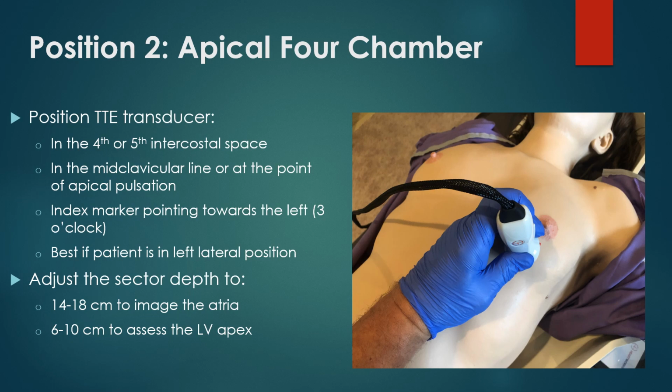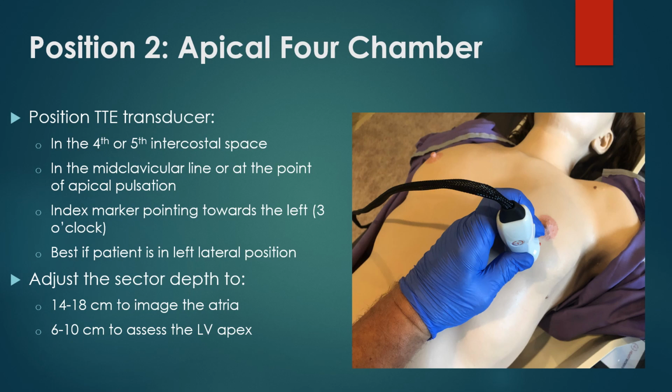But again, this is the most difficult view to get for me, and I'm sure it's going to be for just about everybody. But basically, you're starting at about the mid-clavicular line or at the point of apical pulsation. The index marker is pointed towards the left or the axilla, and usually it's best if the patient's in the left lateral position. So how many times are you on your left or in the left lateral decubitus position in the OR? Maybe in the PACU.